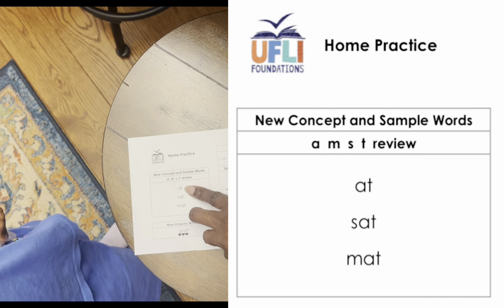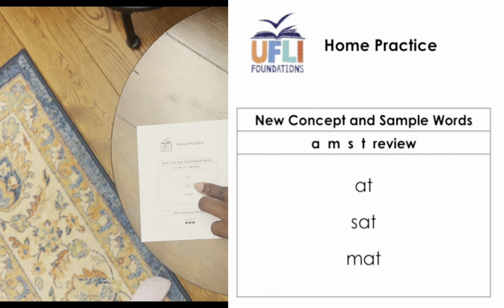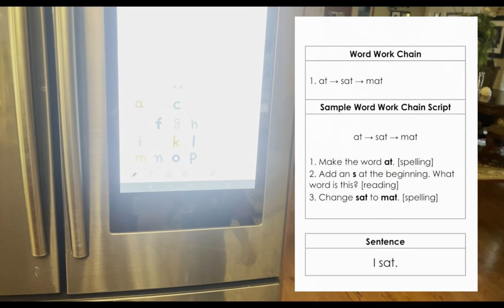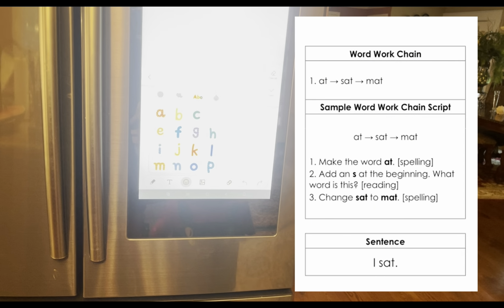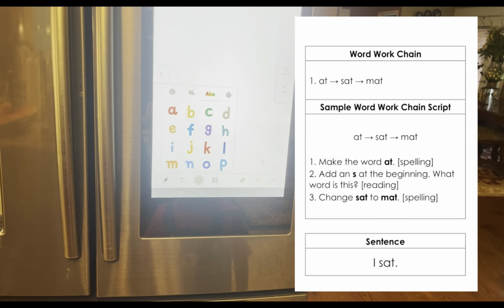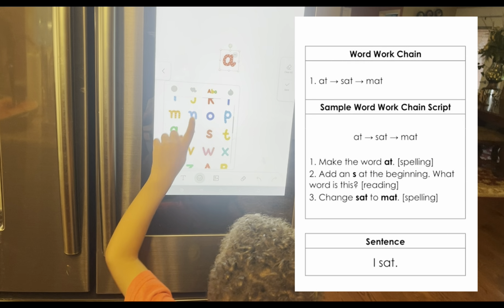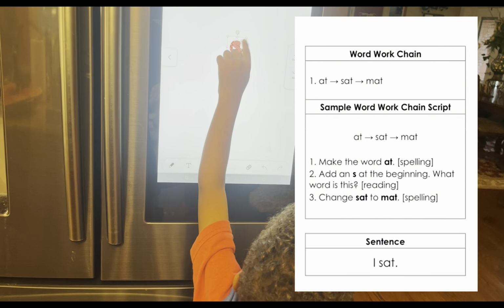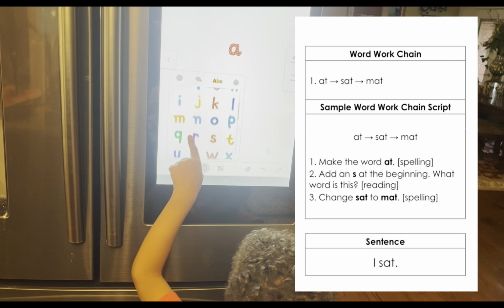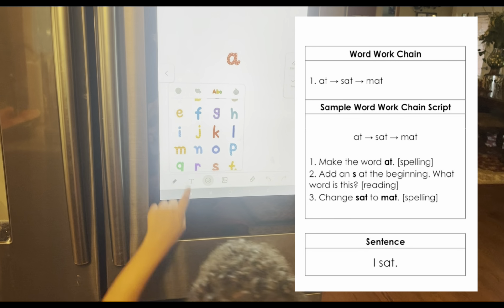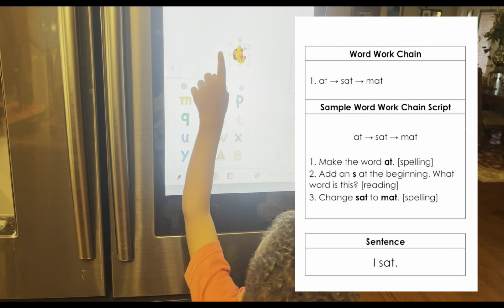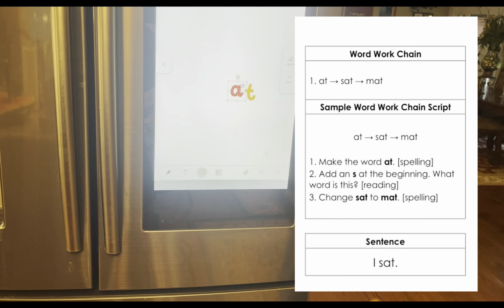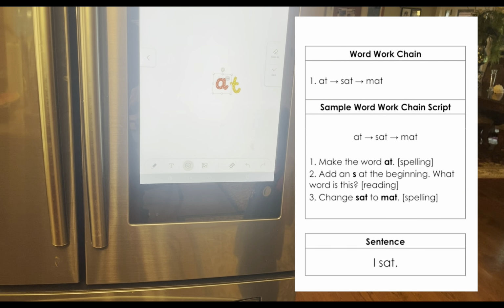What's this word? Got. Stop. What's this one? Got. What's this one? Math. All right. Make the word at. At. Yes, at. No, at. At. Now, can you add an S at the beginning?